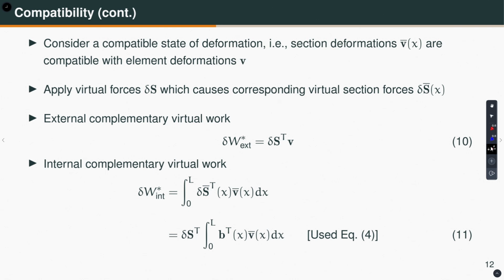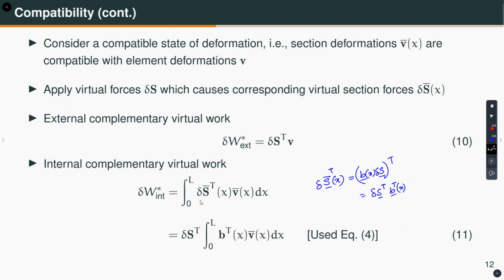Then I know that S bar x, that means my section forces, is equal to Bx multiplied by S. If I make it a virtual quantity, it becomes delta S bar x equals Bx delta S. If I take the transpose of this, it becomes delta S transpose B transpose x.